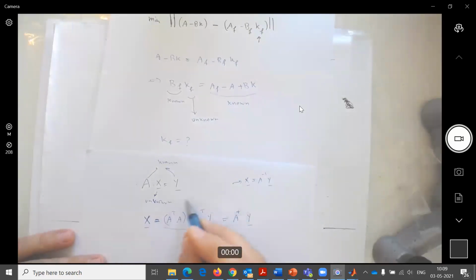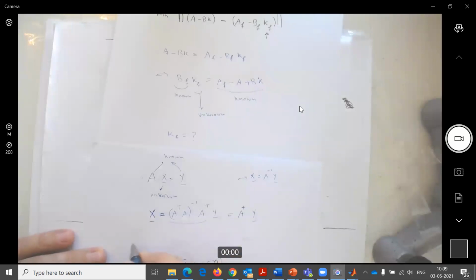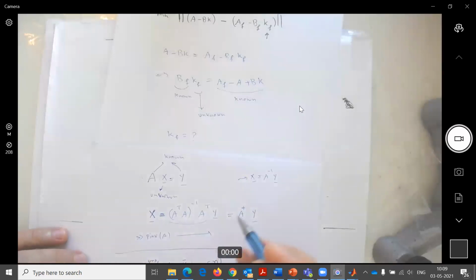A plus means the pseudo inverse of A, which is A transpose A inverse A transpose. In MATLAB, if you type pinv of A, where p stands for pseudo, it will give you this A plus. Or if you write A backslash Y, it will give you the pseudo inverse of A multiplied by Y.